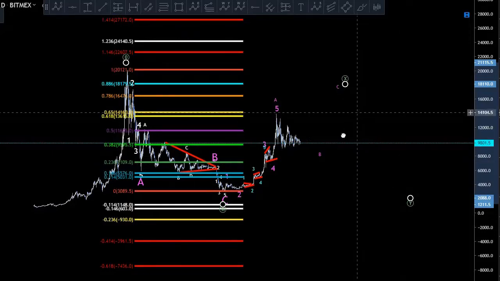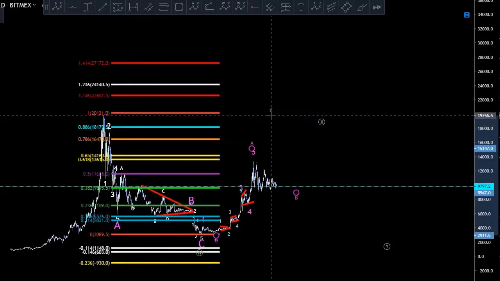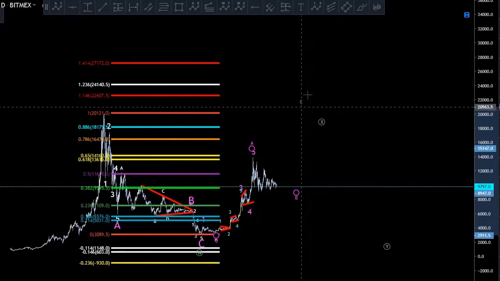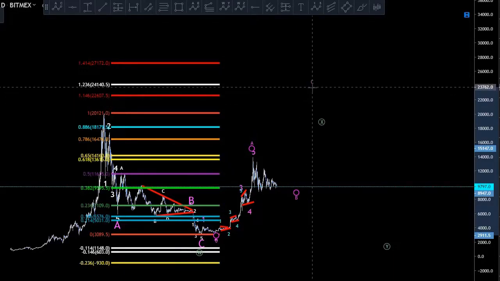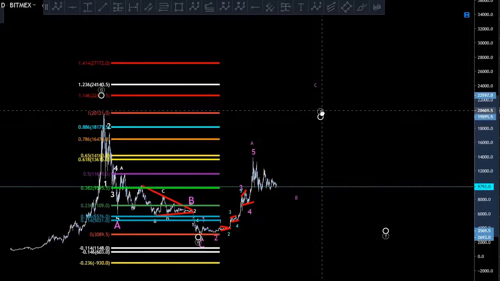The other option I have is where this C wave is pretty much equivalent to this, and we break this top at 20K. We get all the FOMO longers to buy, pushing us higher. And then we stop at 24K, right, for the top.